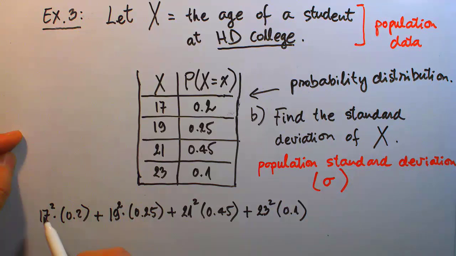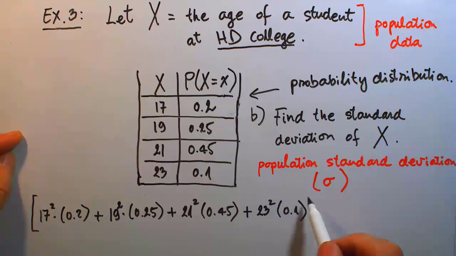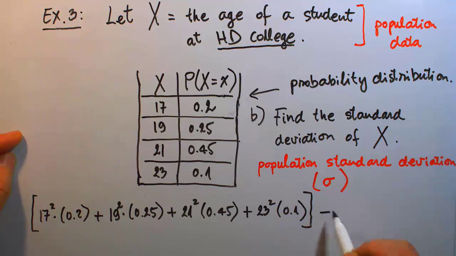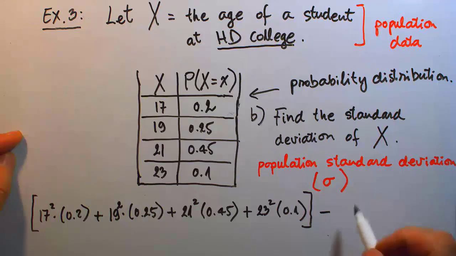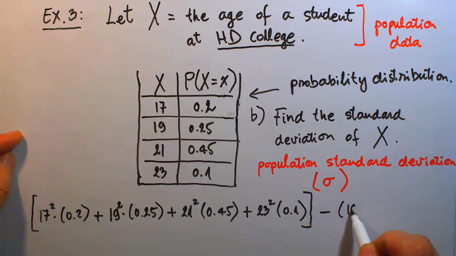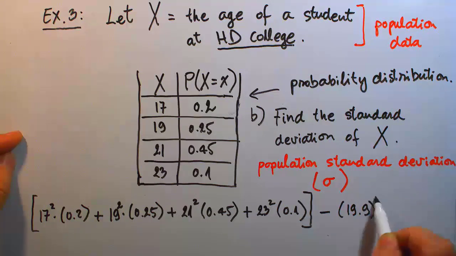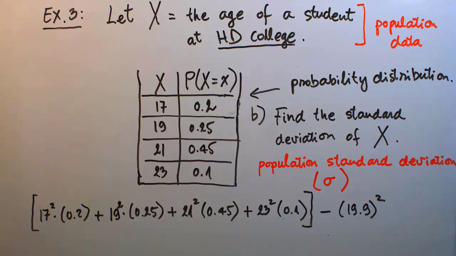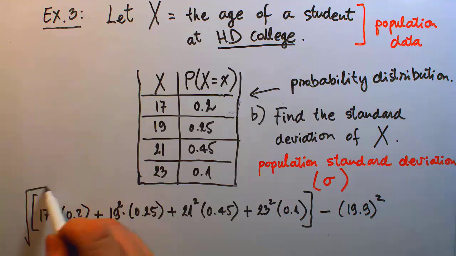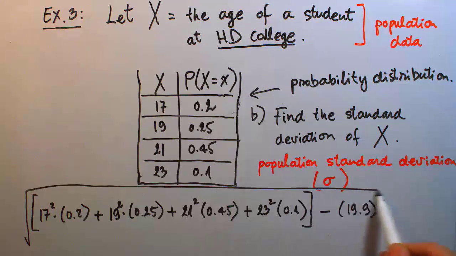You can see that I'm writing this down in a particular order so that it keeps your work safe. After we finish adding all the pairwise products, we're going to subtract. Keep in mind, we already found the mean value in part A, and the mean value was 19.9. So now we're going to subtract the square of 19.9. And then after subtraction, we are going to take an overall square root.